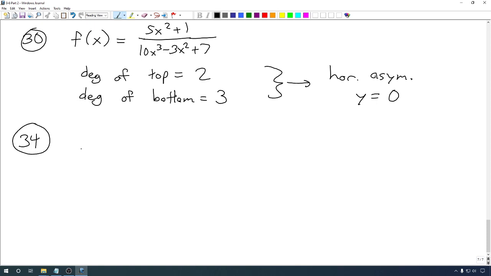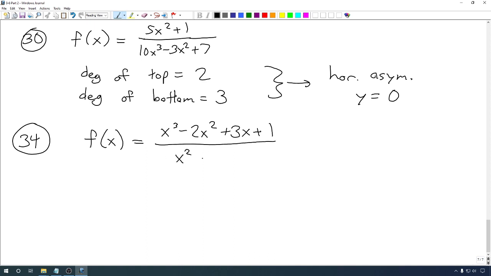If we go to problem 34, here we have another function. We have x cubed minus 2x squared plus 3x plus 1 divided by x squared minus 3x plus 2. So it looks like there's a lot of stuff going on in here, but all we need to really worry about is what the degrees are. The degree of the top: what is the biggest power of x up here?